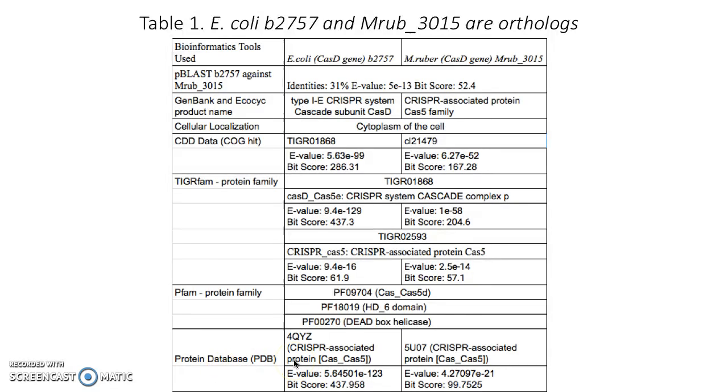What was important was the protein product was the same, which was the CRISPR-associated protein Cas5. Cas5 and Cas-D are synonyms to each other, so this also supports that they are orthologous. And the bit scores are down here.